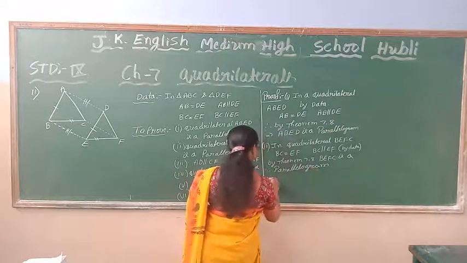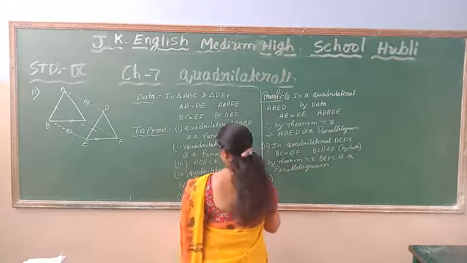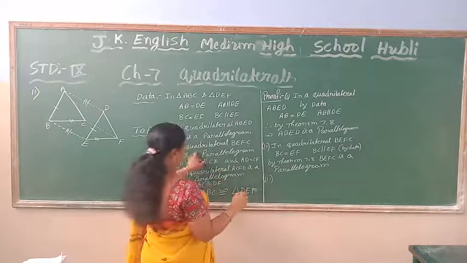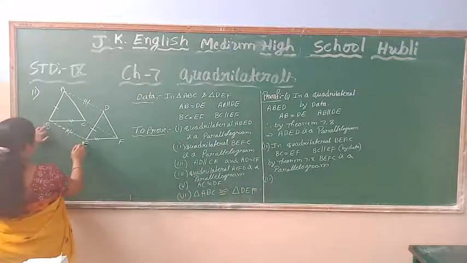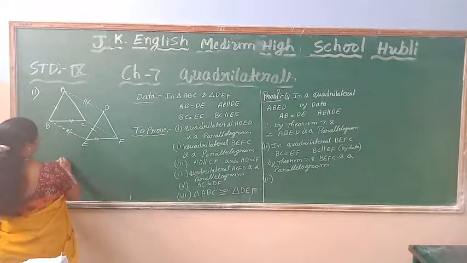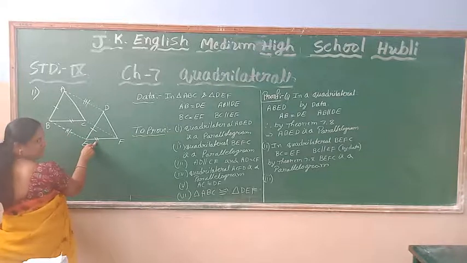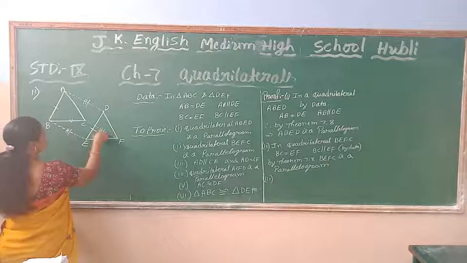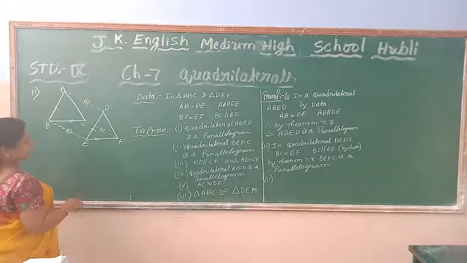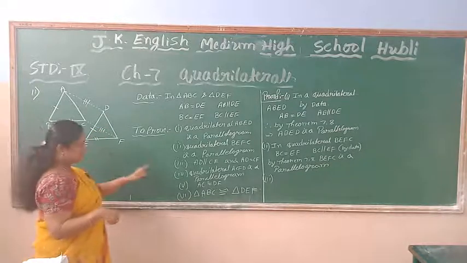Then third one. BEFC is a parallelogram, which means in this parallelogram these two sides are parallel and equal, and these two sides also become parallel and equal.